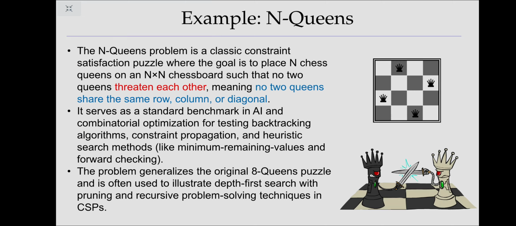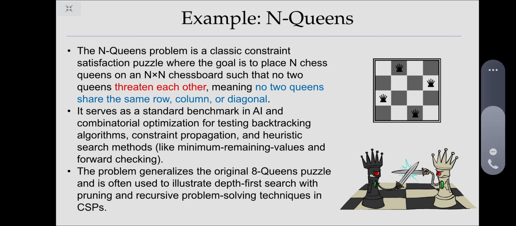A famous example of a constraint satisfaction problem is N queen. The N queen problem is one of the most important problems in the theory of algorithms and in artificial intelligence, and many different searching algorithms in AI are checked on the N queen problem.